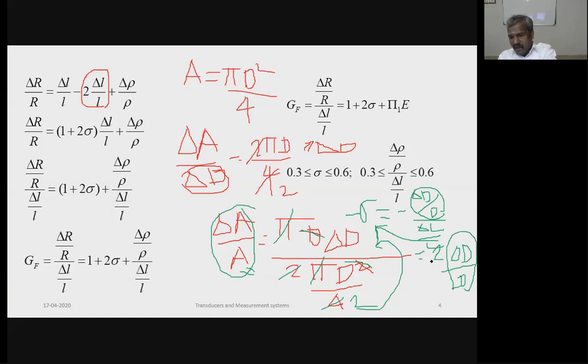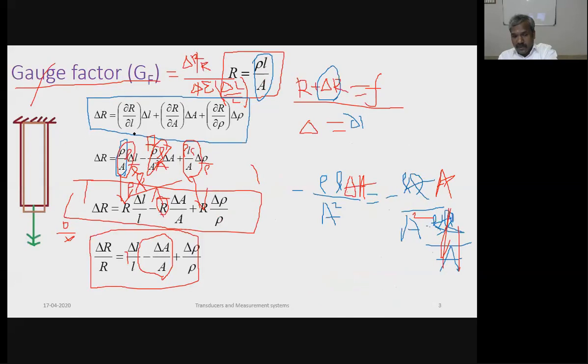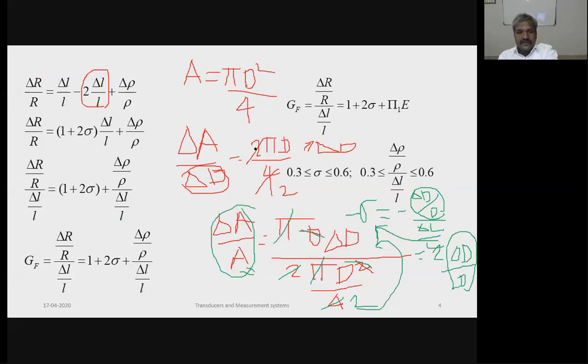Minus sigma del L by L. So del A by A is minus 2 times sigma del L by L.